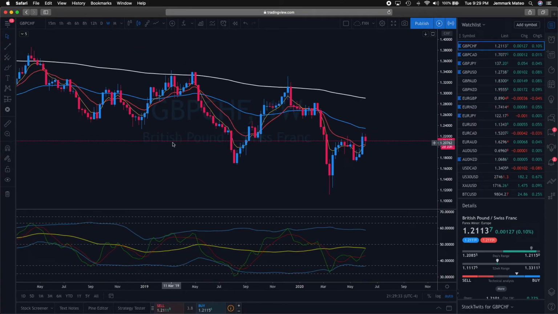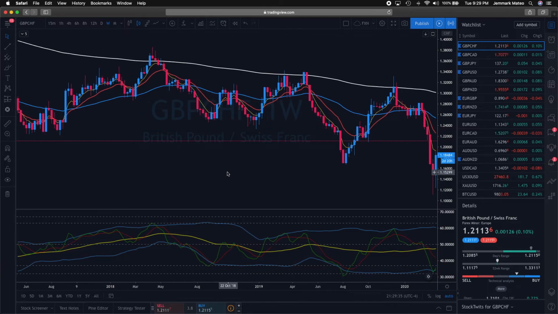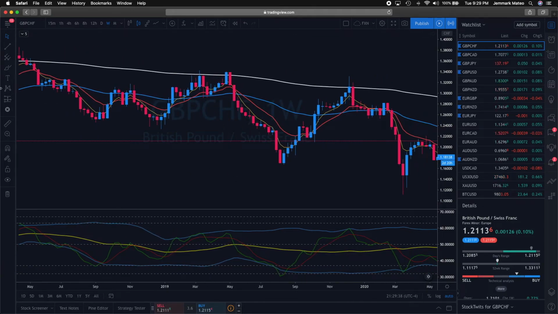So if we just look back, here's an extreme here, there's a move there. Do you see that? Now these moves, by the way, may look small.